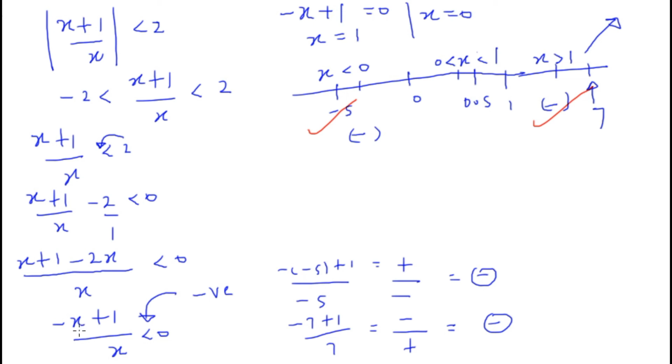If I substitute half into x at the numerator, I'll have something of this nature, 0.5 plus 1, and of course that's supposed to be plus half. That's a positive value at the numerator. If I put that same half at the denominator, I will have a positive value. So positive divided by positive is positive. So it means that this region does not satisfy the inequality.